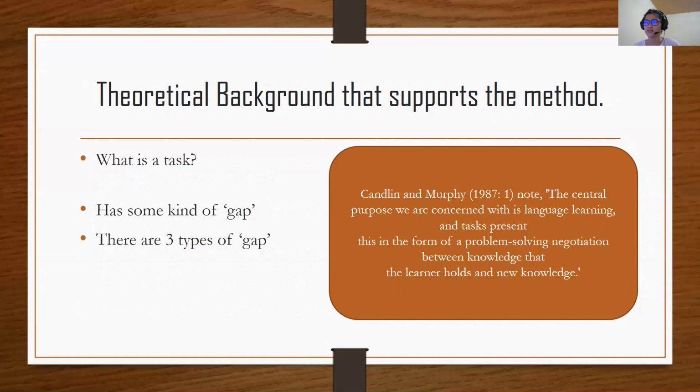So I'm going to mention the three types of gap. First of all, the information gap, where one person has information and the other person doesn't. And the other is the opinion gap, where there is some kind of problem and the students have to discuss the problem and come up with what they think is the best solution for that problem.